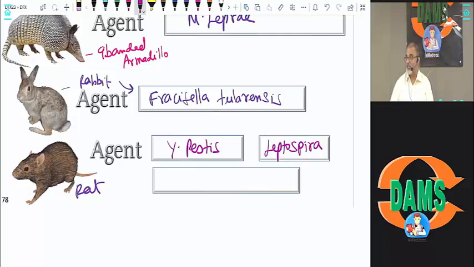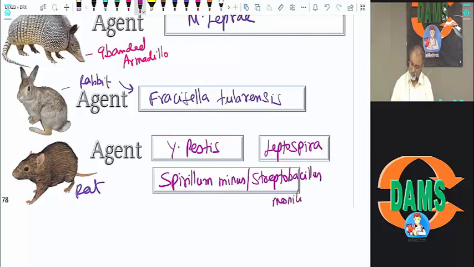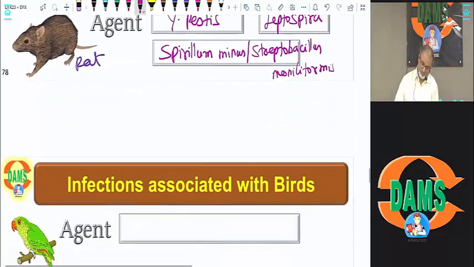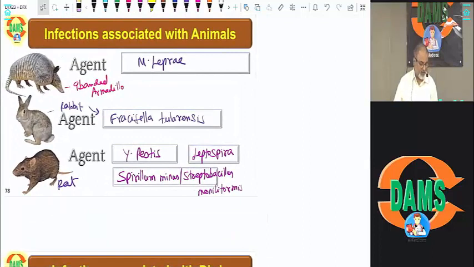Spirillum minus and Streptobacillus moniliformis cause rat bite fever. Plague, rat is the reservoir. Leptospira, rat is the reservoir. This is about infections with some animals.